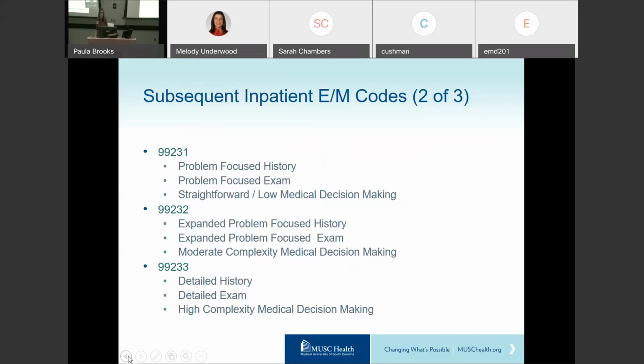For a 99232, you need an expanded problem-focused history, expanded problem-focused exam, moderate complexity. For 99233, detailed history, detailed exam, and you need high complexity medical decision-making. Again, keep in mind that it's only 2 of the 3 when it's subsequent care.